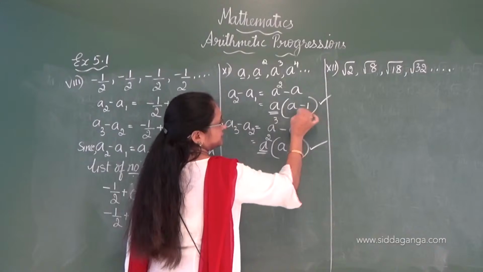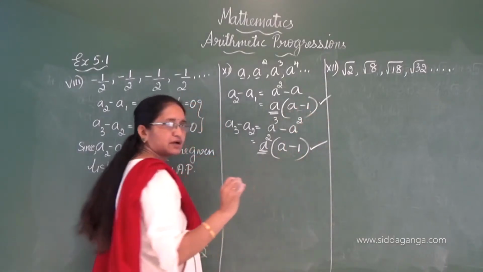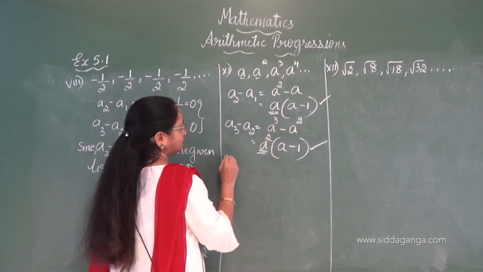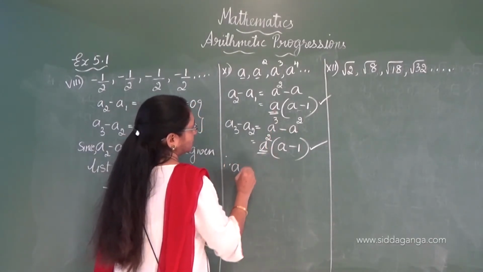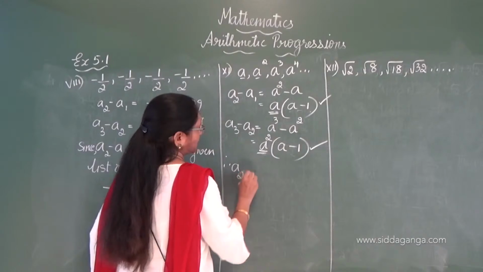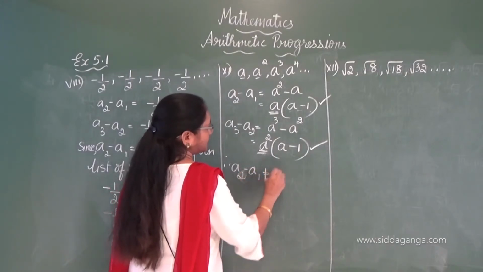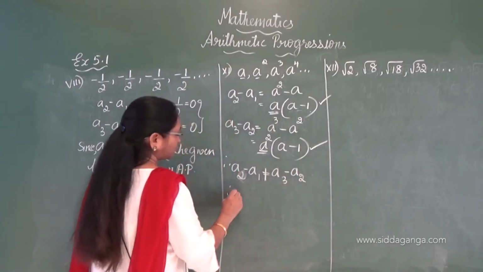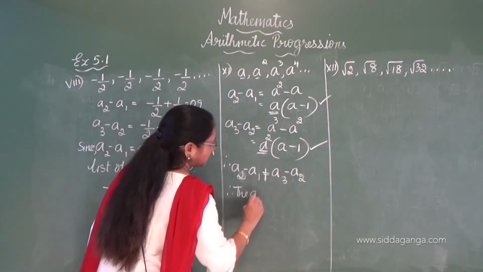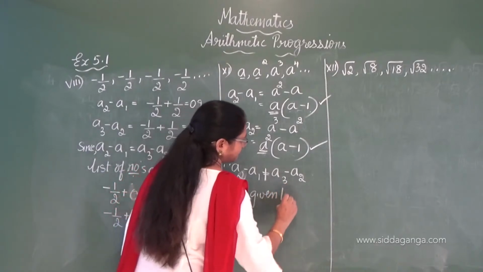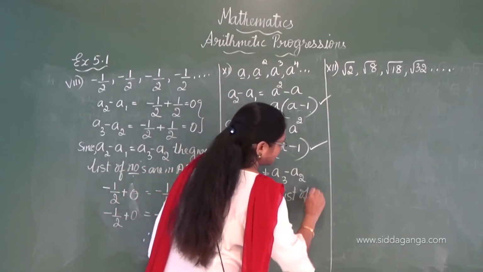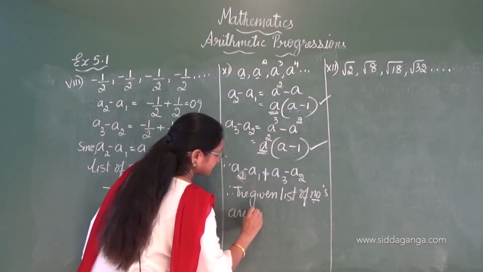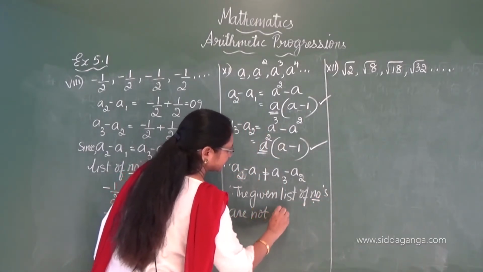But in this bracket the term is A minus 1, here also we have A minus 1. But this is A and this is A square. Therefore, A2 minus A1 is not equal to A3 minus A2. Therefore, the given list of numbers are not in AP.